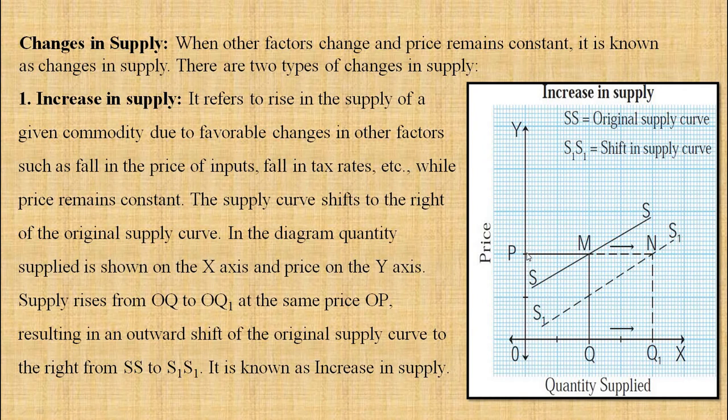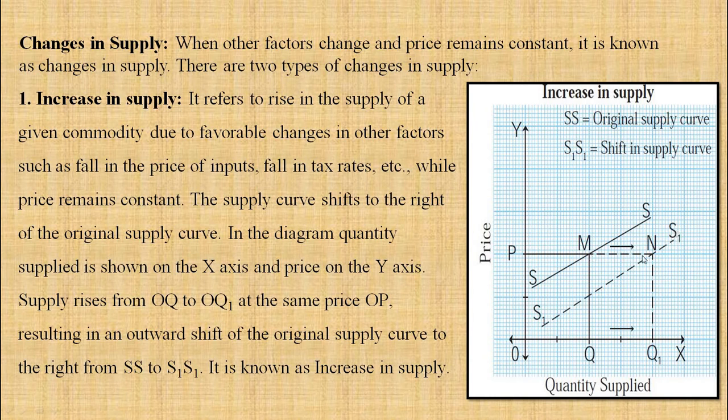OP is the original price, OQ is the original supply, and SS is the original supply curve. There is absolutely no change in price. Price remains the same at OP, but supply rises from Q to Q1, and the new supply curve shifts to the right-hand side as S1S1. S1S1 is the new supply curve.